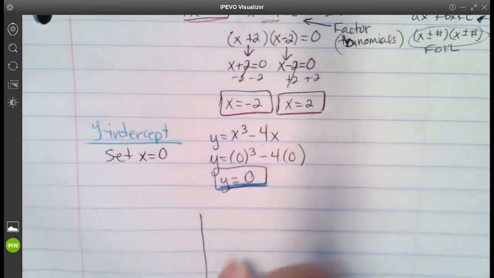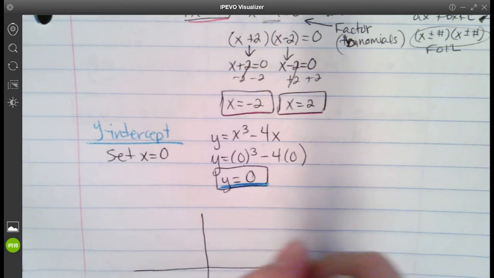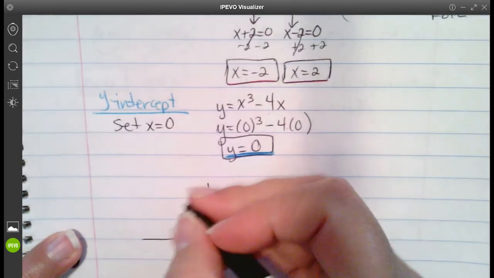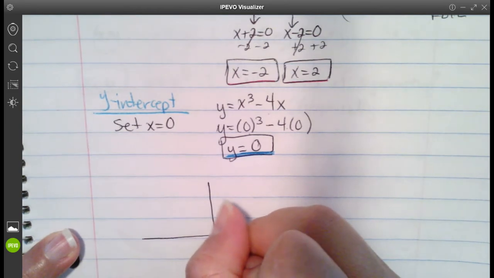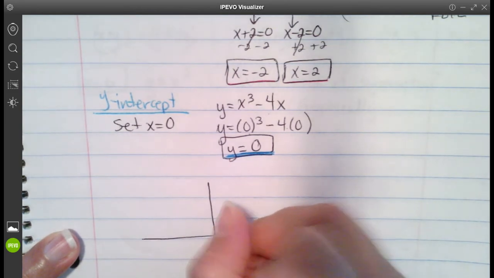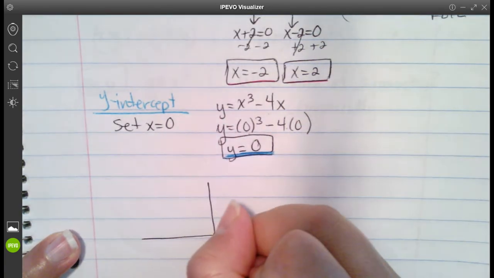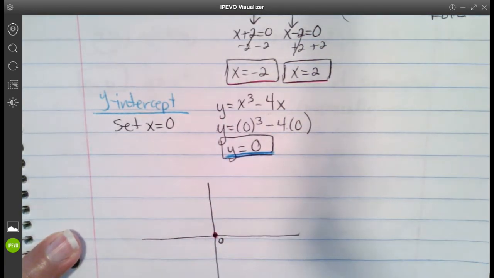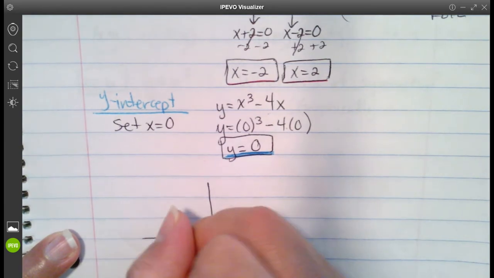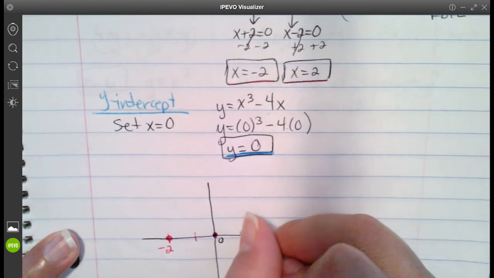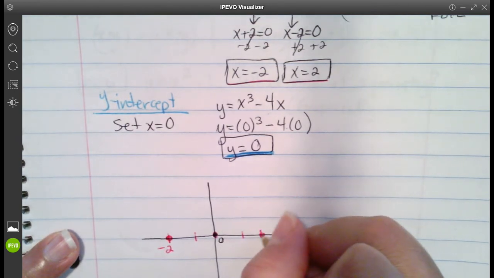Something along these lines. At 0, I have a point. I have an x-intercept. Okay. I also have an x-intercept at negative 2, and I have an x-intercept at positive 2.